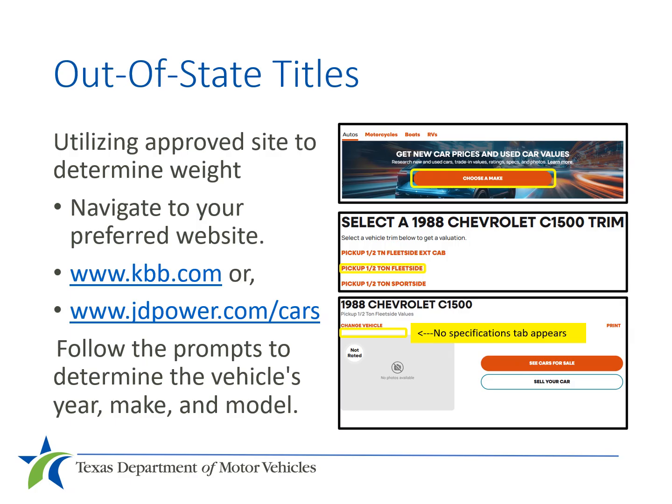The next page will ask you for the trim level or model of the vehicle. If you know the trim level or model, select the appropriate selection. This is the screen shown on the right of our current slide. If a model cannot be determined by the customer, they will need to get a certified weight slip to proceed. For our example, we're going to say that the customer indicated that this is a half-ton fleet side.